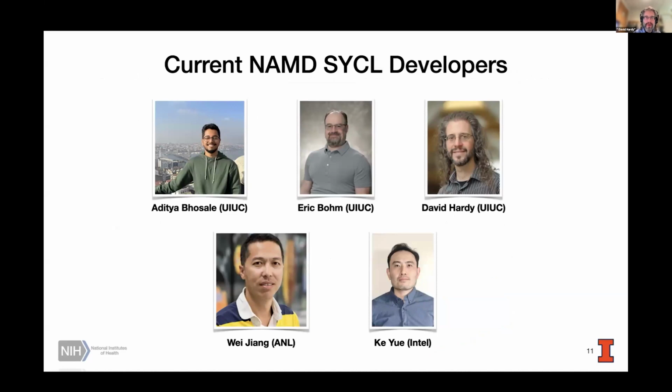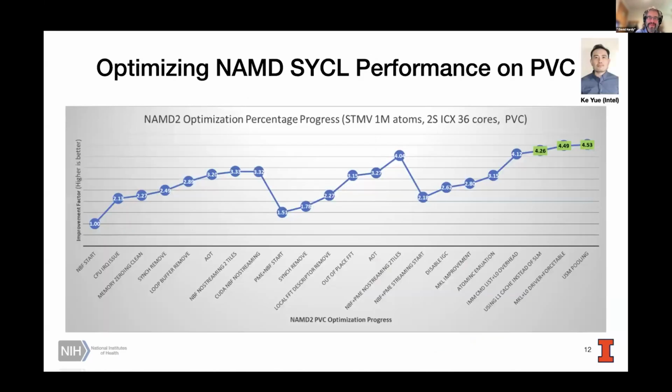And so here are the current NAMD SYCL developers. I'm going to just tell you a little bit about some key contributions here. First, starting with K. This is just a little plotting of all the work that he did over a number of months to optimize our SYCL code path whenever he came onto the project with us.